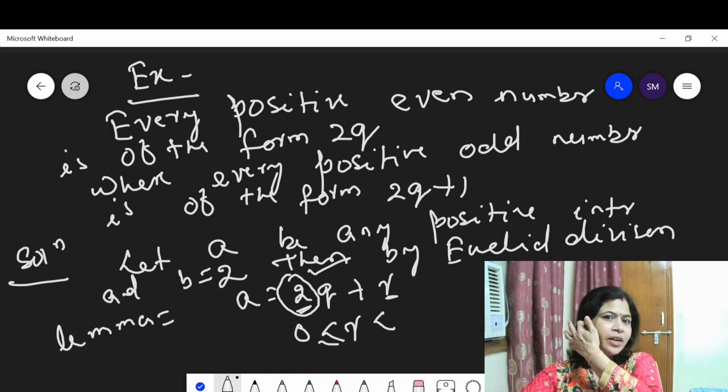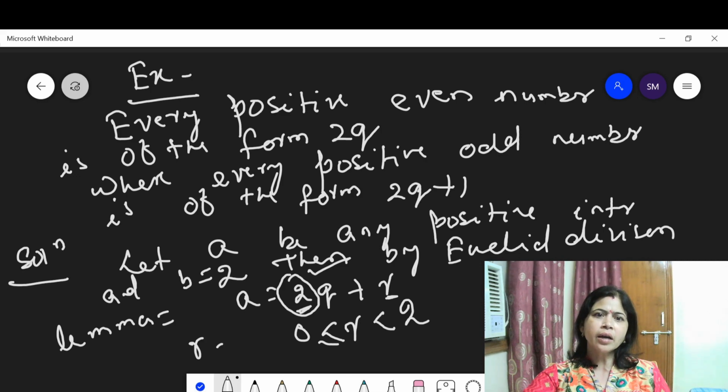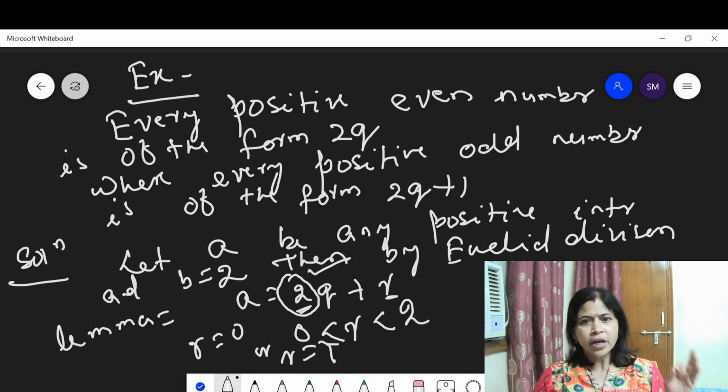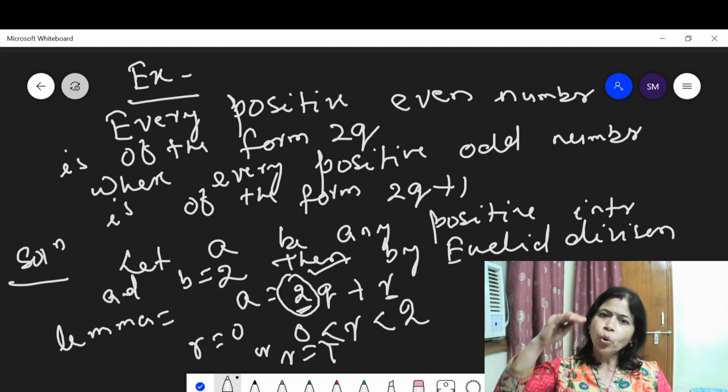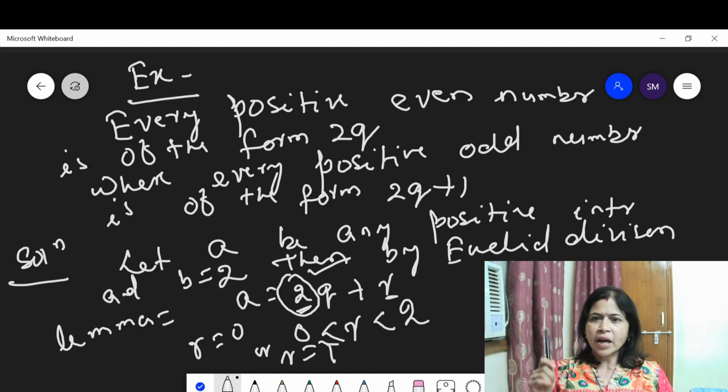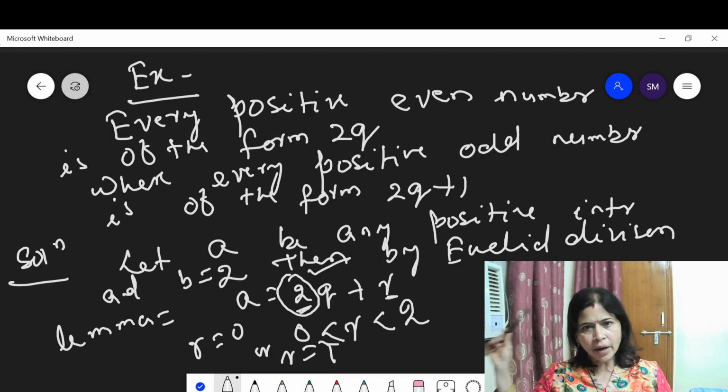What is the divisor here? 2. Then r is less than 2. This means either r is equal to 0 or r is equal to 1. Here the conditions are given according to the Euclid division lemma.